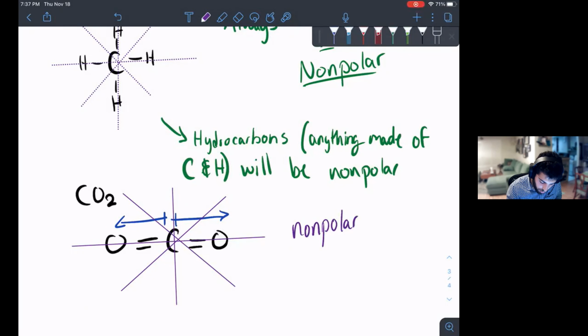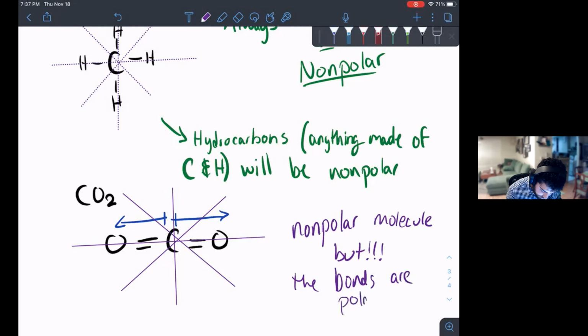However, it's a non-polar molecule, but the bonds themselves are polar. So each individual bond is polar, but the overall molecule is not polar. So I'll let you go on that little concept and have a great day.